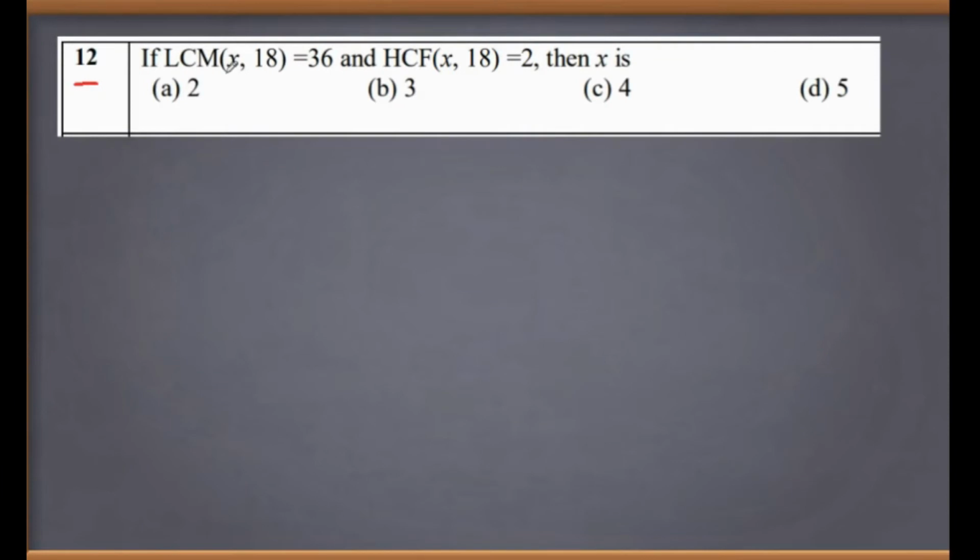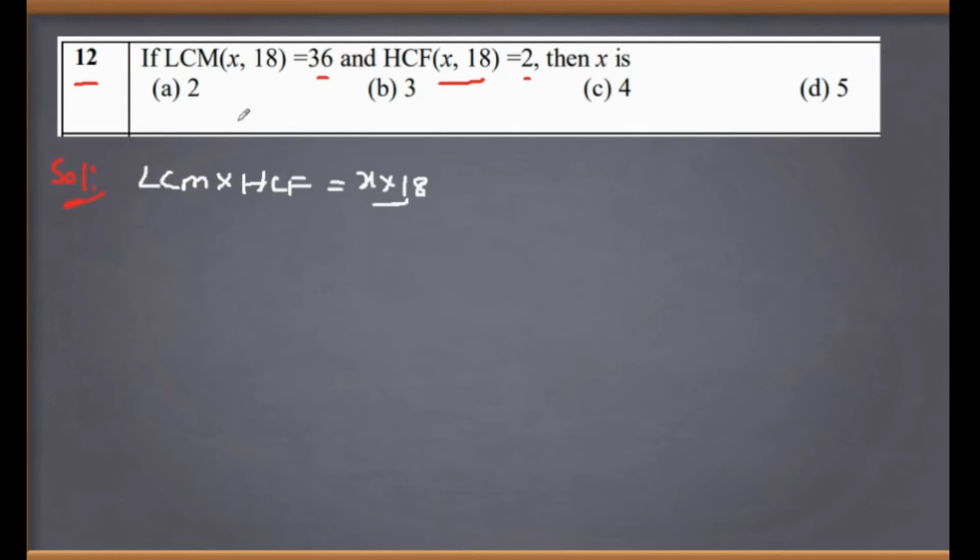12th question, if the LCM of x and 18 is 36 and the HCF of the same numbers x and 18 is 2, then the value of x is. We know the relationship between LCM and HCF of two numbers. LCM into HCF is equal to the product of the two numbers, which here are given as x and 18.